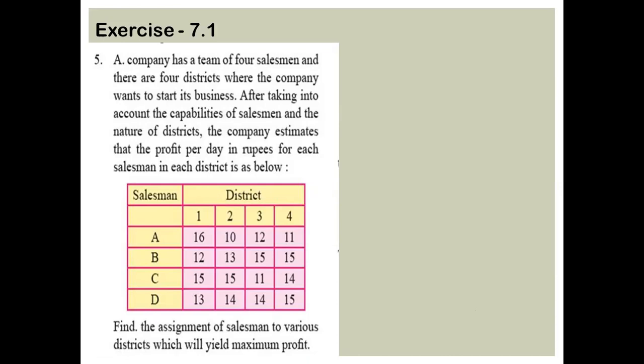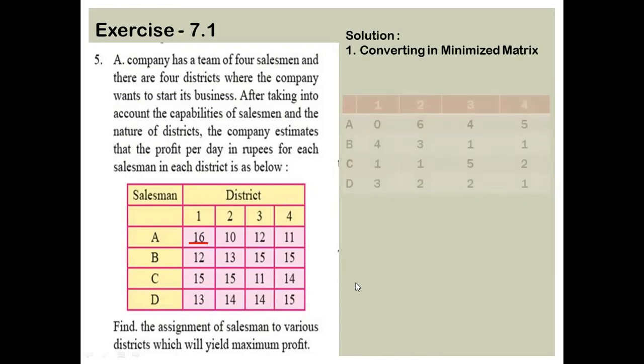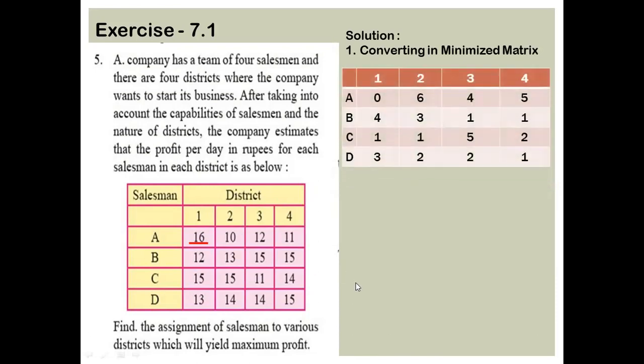So how to start the sum? Step number 1, converting in minimized matrix. How to convert the matrix into a minimum one? Do you remember? The biggest number in the matrix is 16. So you have to subtract all the numbers from 16 and you will get a matrix like this.